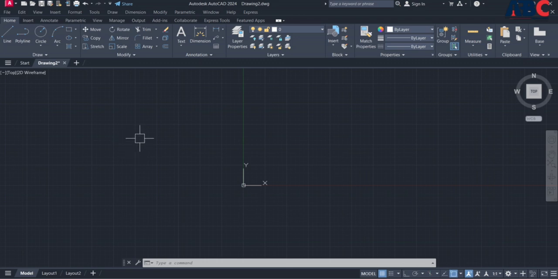So first one is the absolute coordinate system. It uses the Cartesian coordinate system to specify the coordinate points of x, y, and if necessary z also. For this, I will take one example. I will activate the line command and specify my first point as 0,0 to specify the origin, and then I will specify my next point as 5,0, enter.